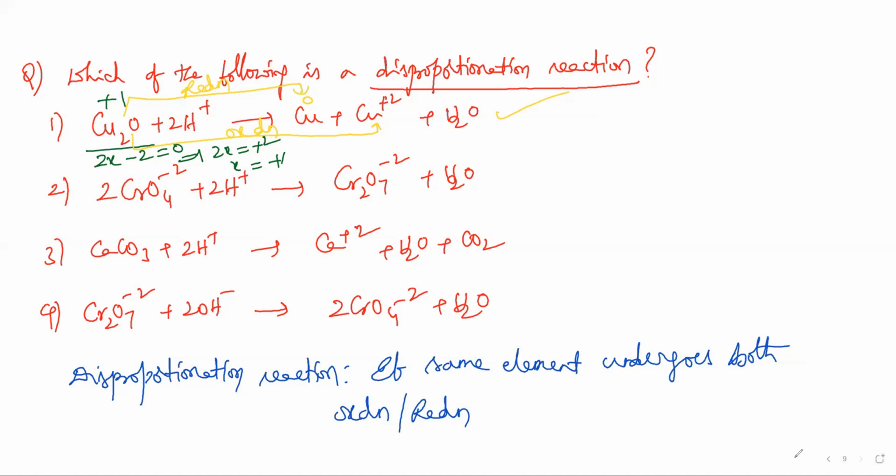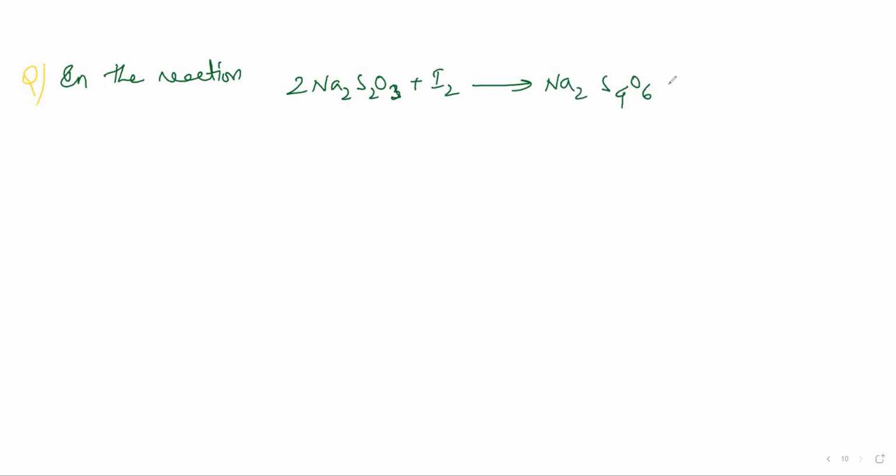Next, move to the next question. The given reaction is Na2S2O3 plus I2 gives rise to Na2S4O6 plus 2NaI.